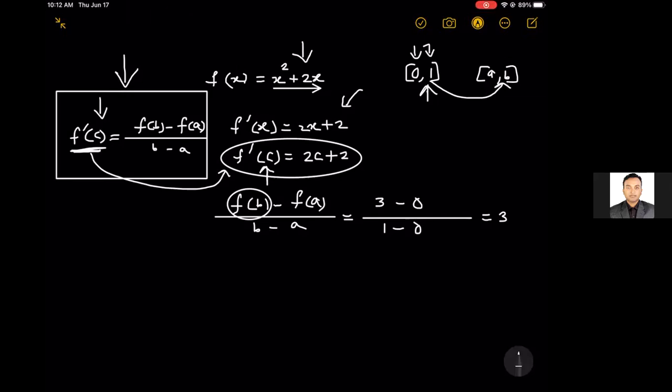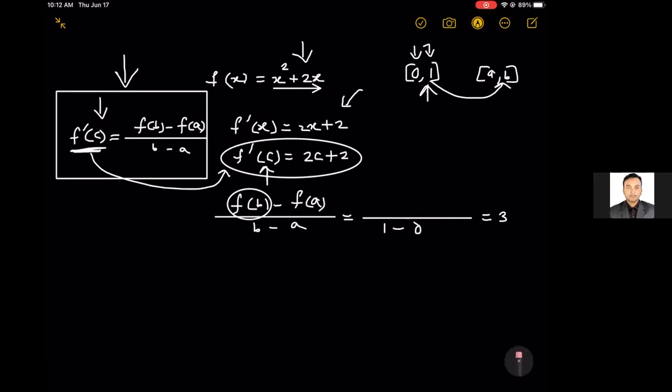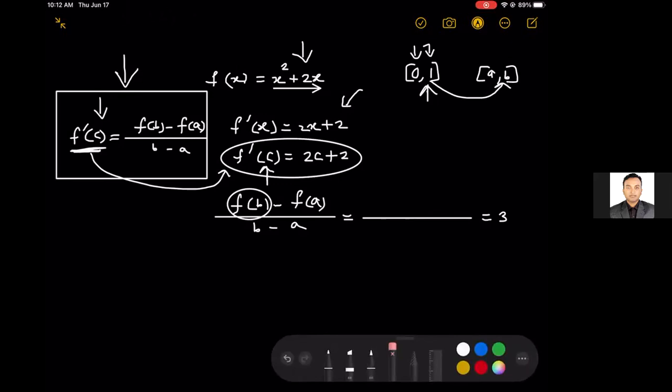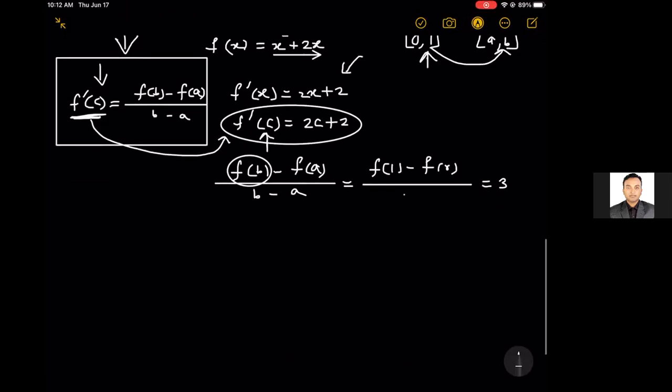Just find the functional value of that. So this is literally, okay, let me rewrite it for you. This is actually f of 1 minus f of 0. And f of 1 is 3, f of 0 is 0. So you get 3 minus 0, which is 3. Oh, duh. Yeah. All right. Thanks. No problem.